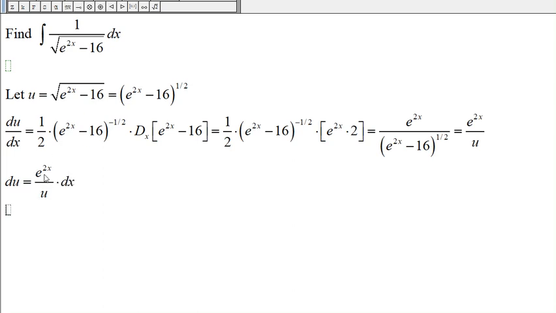But we don't have the e to the 2x over u in the integral here. So what we can do is multiply both sides by the reciprocal, and then u over e to the 2x du equals dx.